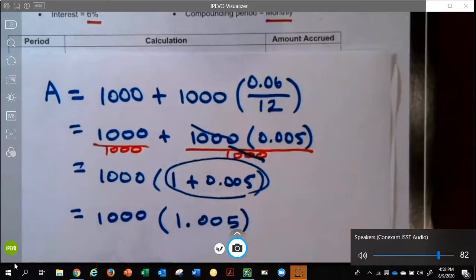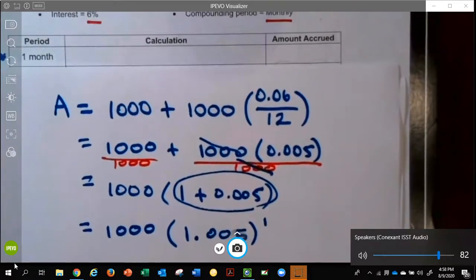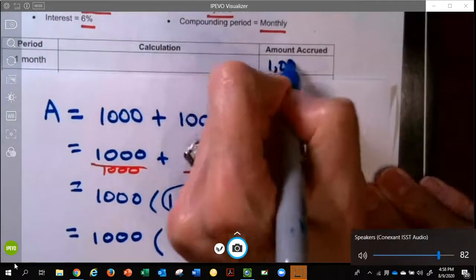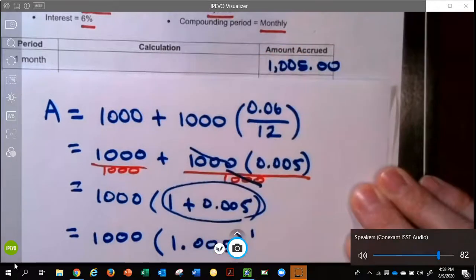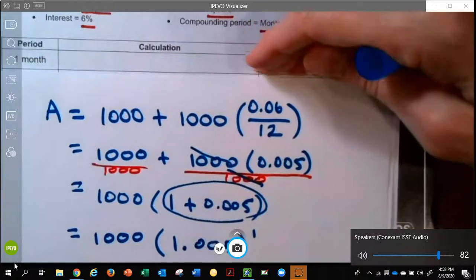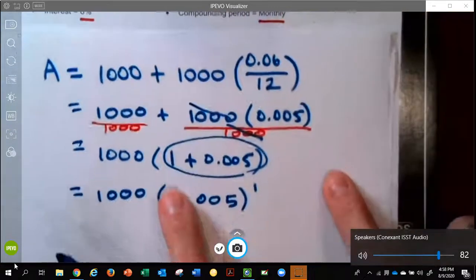And you're like, oh my gosh, that took forever. Well, I'm going to put it to the first power. And this is a great place to stop the video and think on this, because the amount accrued, when I actually multiply all of this out, is going to be $1,005.